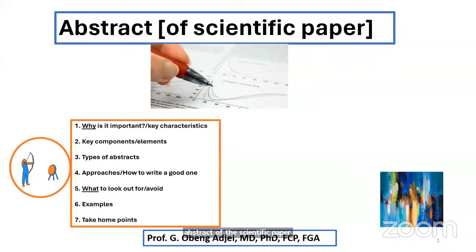And the main aim will be to highlight on a slide or two why an abstract is important, its key characteristics, describe some of the components and or elements of an abstract of a paper, briefly touch on the types of abstracts, and then approaches on how to write a good abstract from the perspective also of what to look out for, what to avoid, and then maybe end on one or two bullet points that we may take forward.